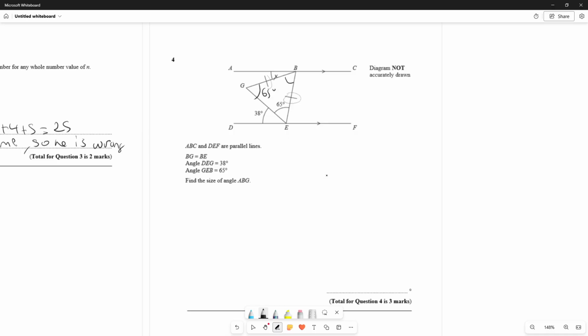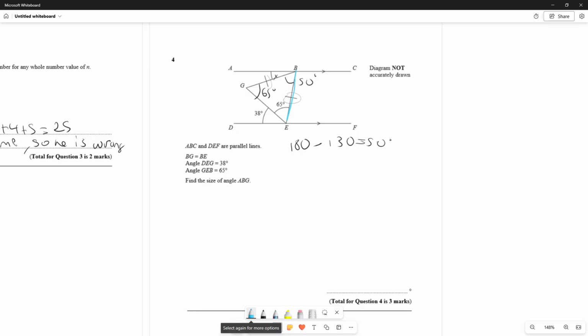And let's find this angle over here. Okay, 180 minus 65 times 2, which is 130, is equal to 50. So this angle is 50, because of the isosceles triangle.